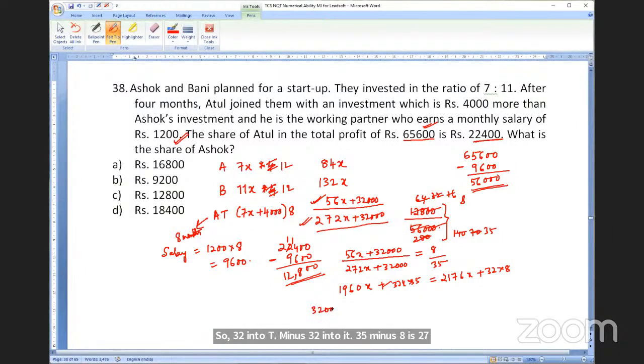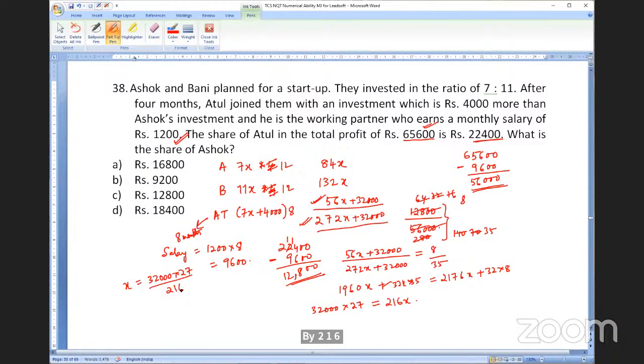So 32,000 into 27 equals 2176 minus 1960, that is 216x. So x is 32,000 into 27 by 216. That comes to 4,000.